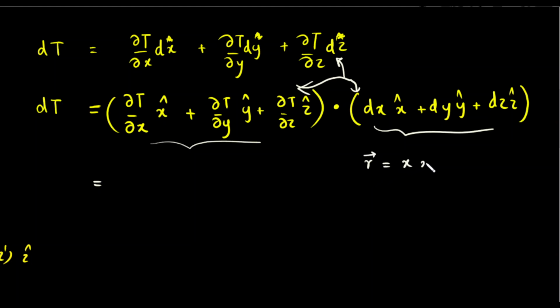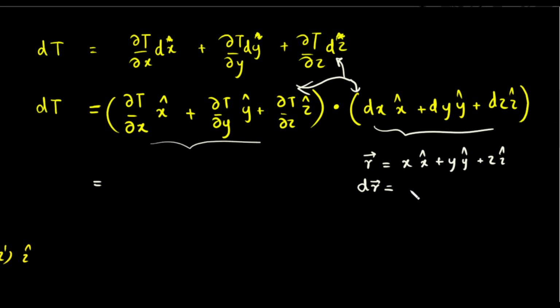Actually, the position vector can be written in terms of x hat, y hat and z hat. If I take dr, this is the infinitesimal displacement, or infinitesimal position vector.